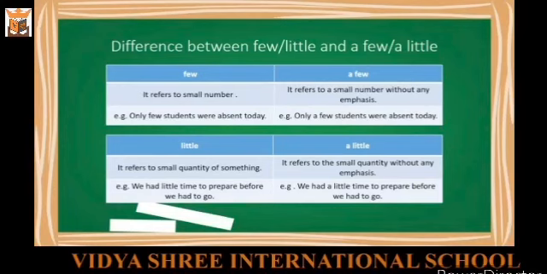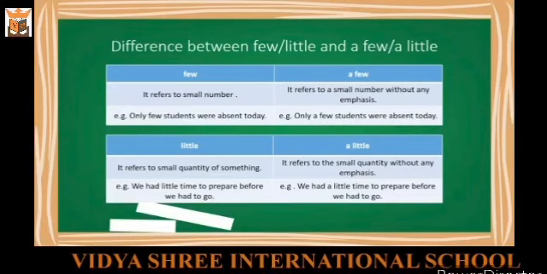However, if we add a few in the same sentence, for example, only a few students were absent today. Here we are saying that some students of the class were absent.